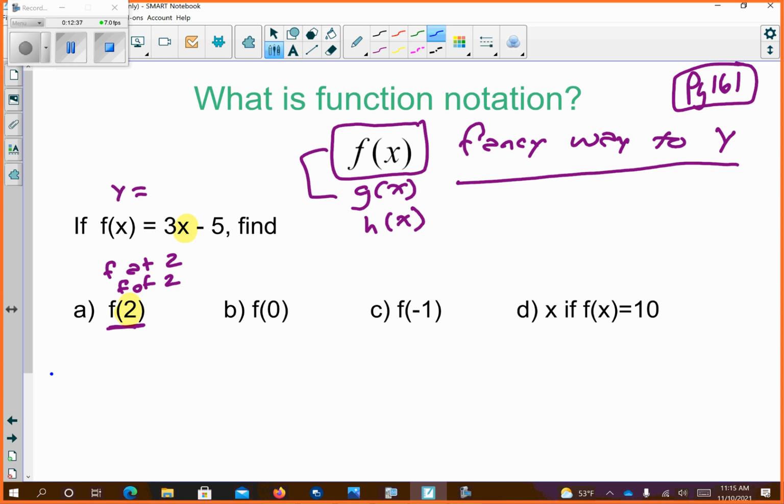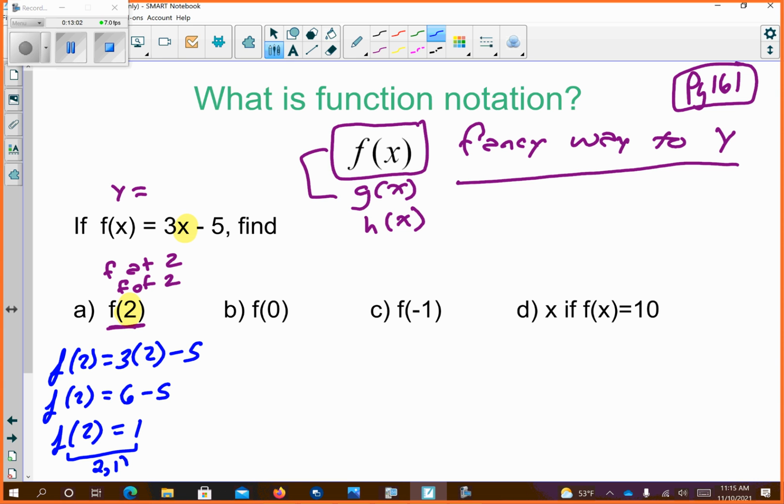So I'm going to get f at 2 is equal to 3 times 2 minus 5. Where that 2 is in parentheses is where x used to live. And then I just do the math behind it. So f at 2 is equal to 6 minus 5. 6 minus 5 just comes out to be 1. So if you remember from our homework, this became a point 2 comma 1. That was where that came from when I was changing them for last night's homework. I replaced x to get something for y.